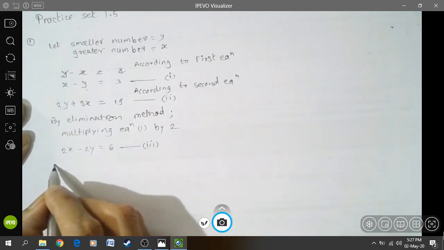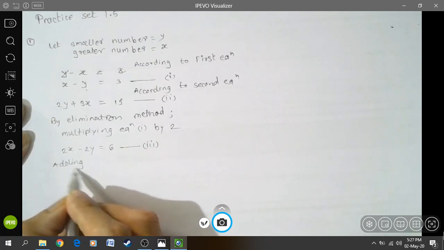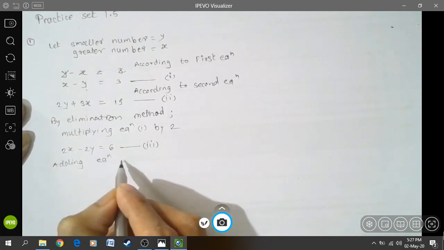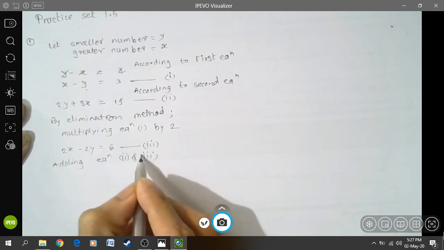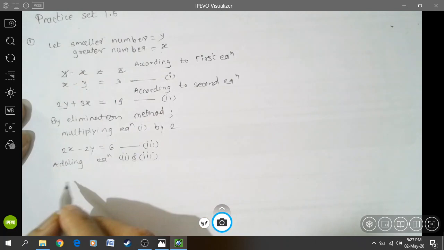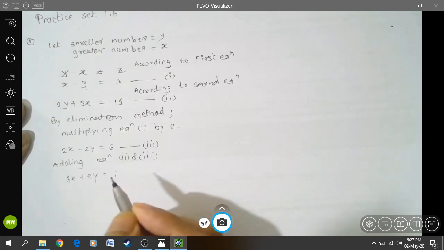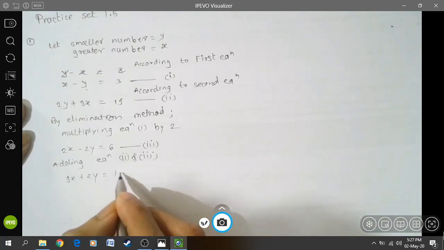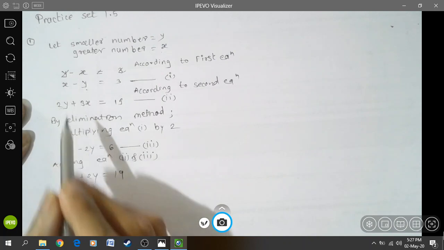Now we can simply add them. Adding equation number 2 and 3. I will write the x first, so that adding won't get complex: 3x plus 2y is equal to 19, I just swap the positions.